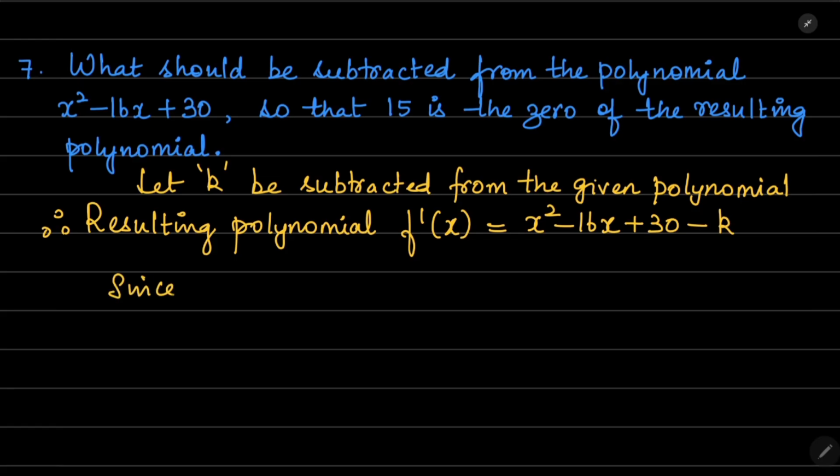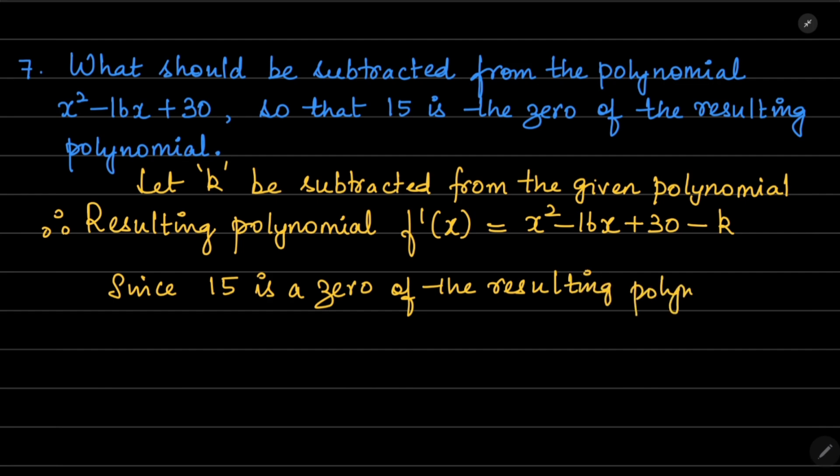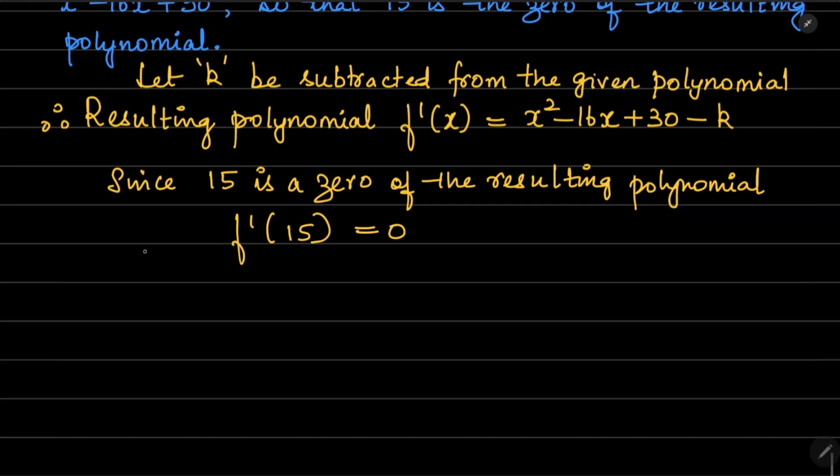Since 15 is a 0 of the resulting polynomial, therefore f dash of 15 is equal to 0. This is given. In place of x, just replace 15.